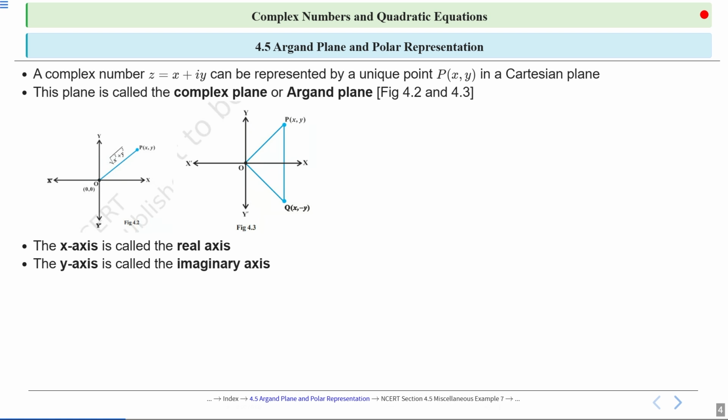Similarly, the y-axis is called the imaginary axis. This is where all numbers with zero real part are located. So numbers like z equals 0 plus iota times y will be found on this axis. So this helps us to distinguish between the real and imaginary components of any complex number.